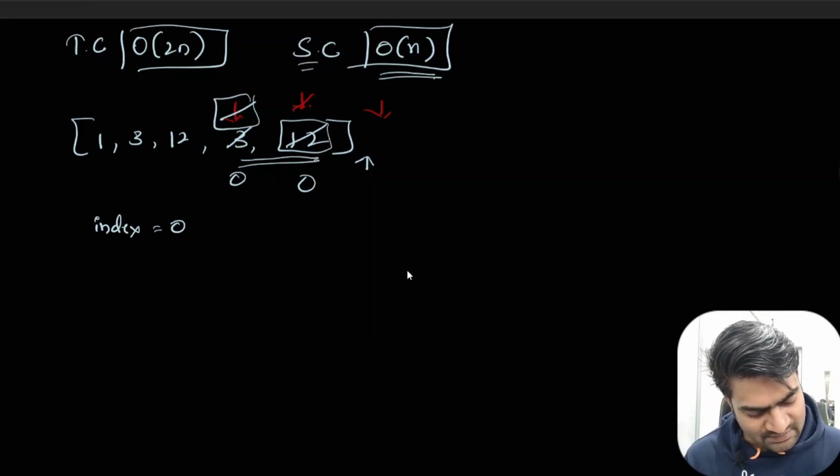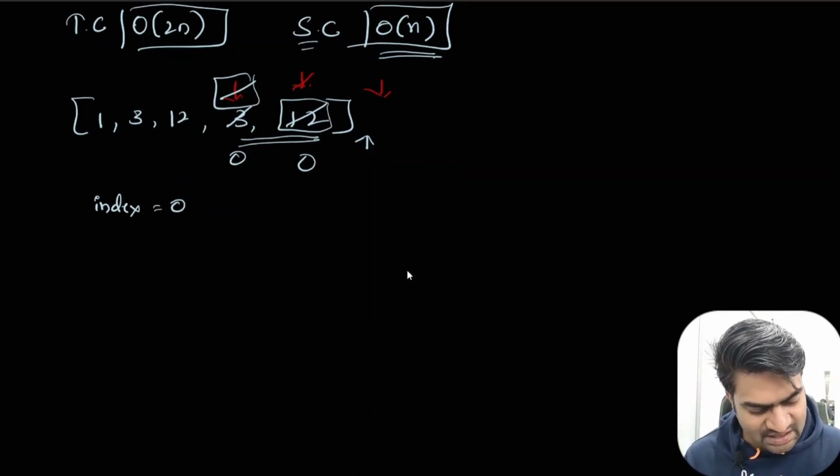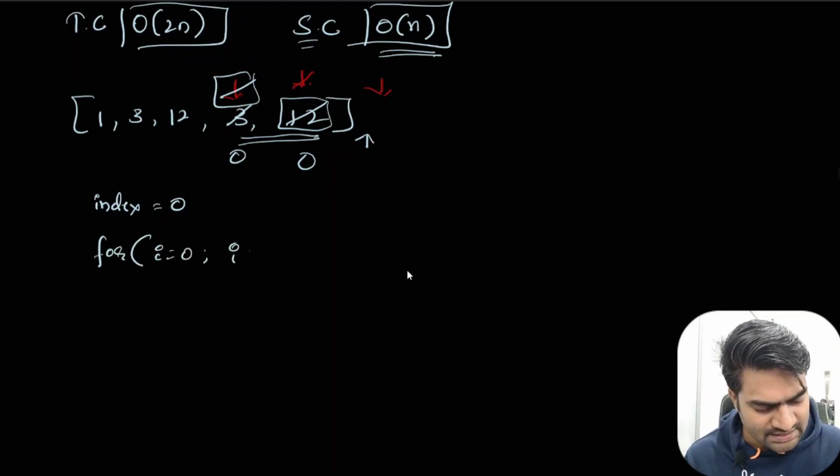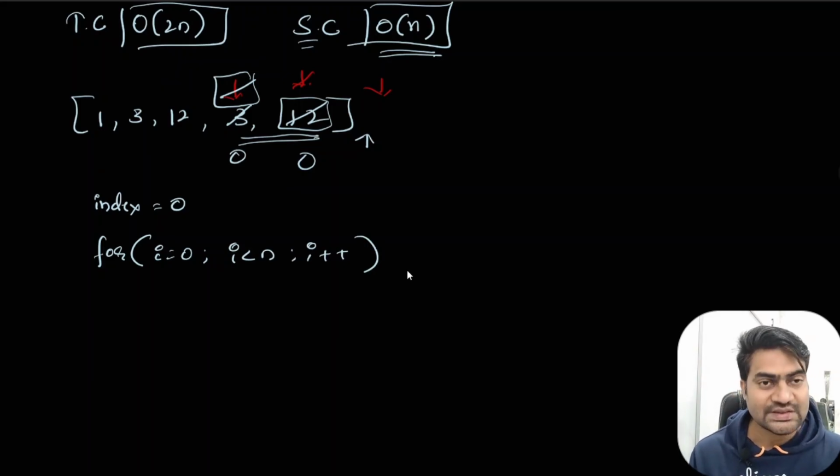Now what I will do, I will take a for loop after this, for i equal to 0, i less than n, i plus plus. Okay, so this is basically our white pointer which was pointing to non-zeros.